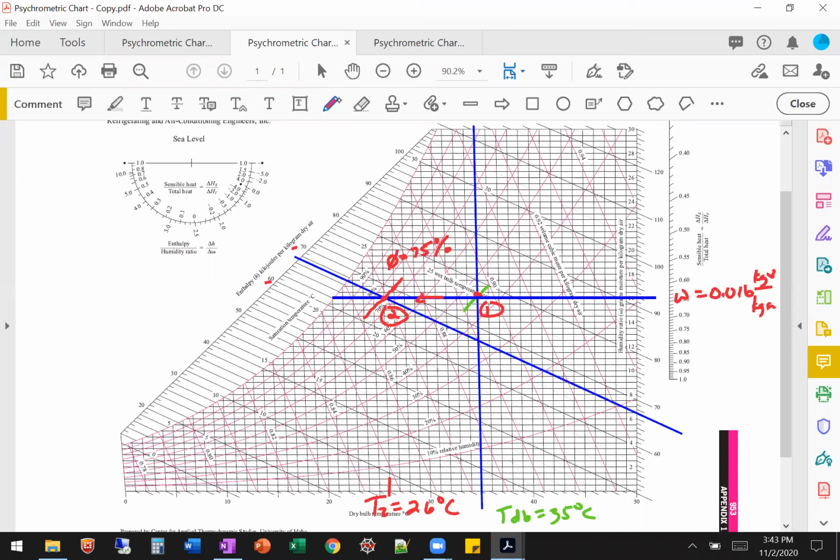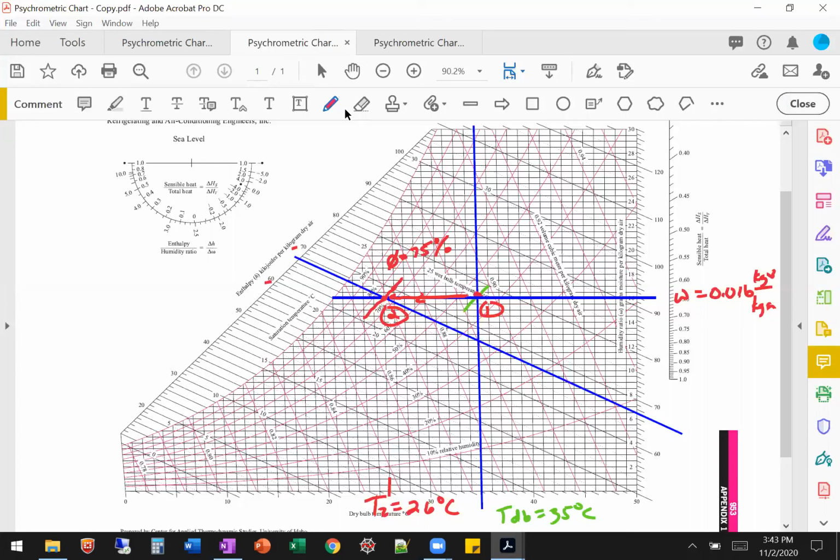See, our specific humidity stayed the same, right? We were right along this horizontal line. But our relative humidity changed, because the amount of moisture that the air can hold changes with temperature. And we cooled, we went to 26, so we dropped in temperature, so the air can't hold as much. So we have a relative humidity of 75%. Okay. What else did we have to find?